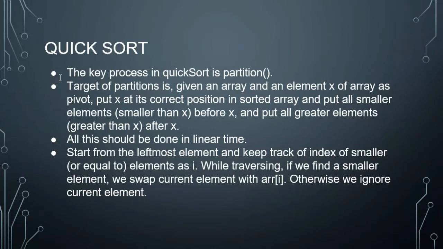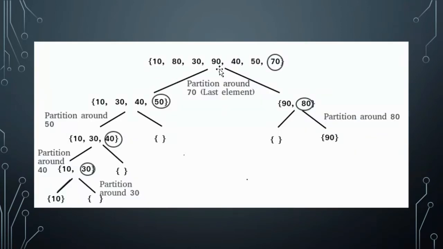Now let's see the working of quicksort in this example. The pivot is chosen as 70, the first element. Then it is divided into sub-arrays of size n by 2 and n by 2, as we will see in the best case scenario also.